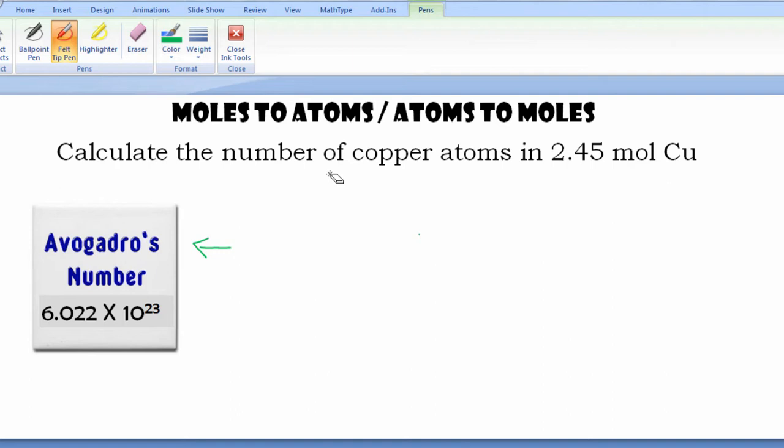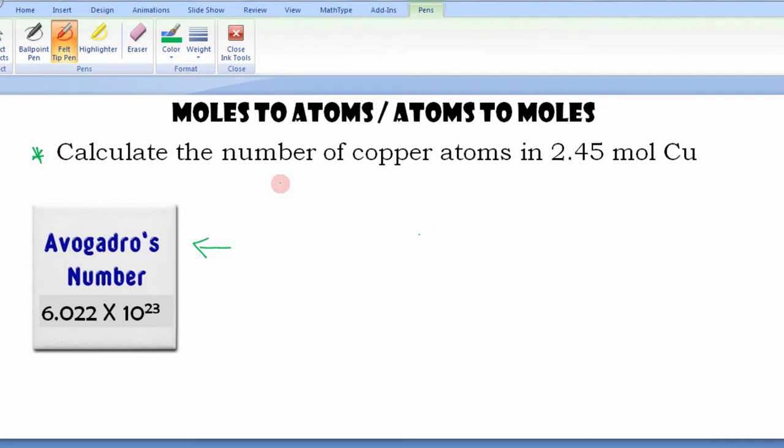You just need to know how to use it. So, calculate the number of copper atoms in 2.54 moles of copper.